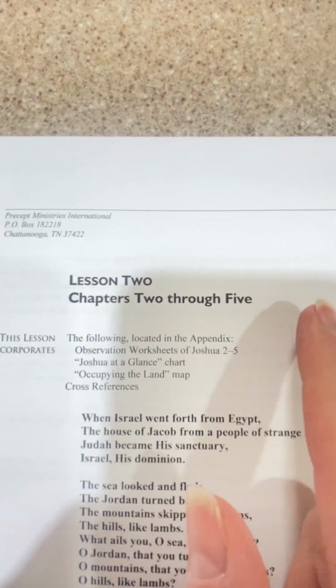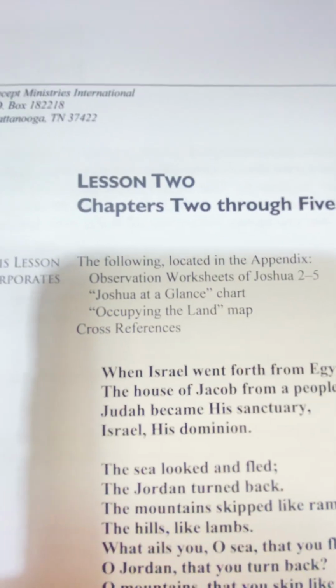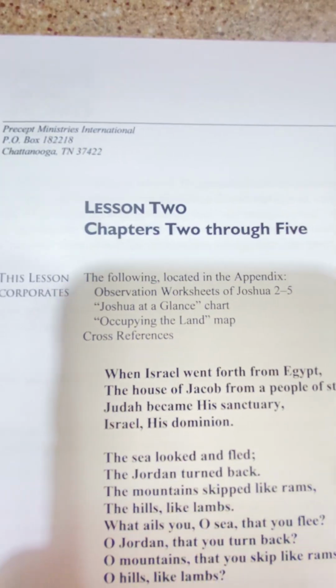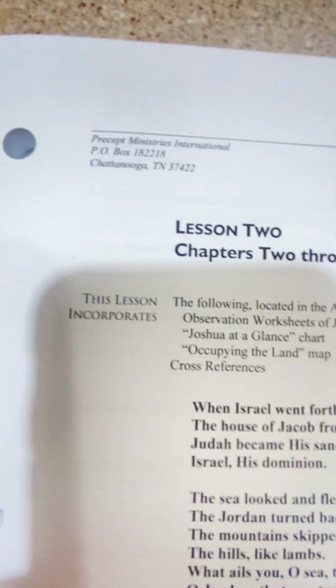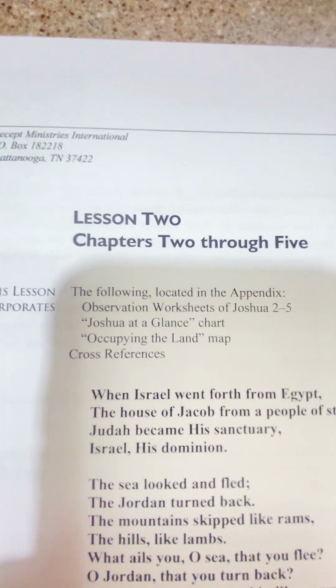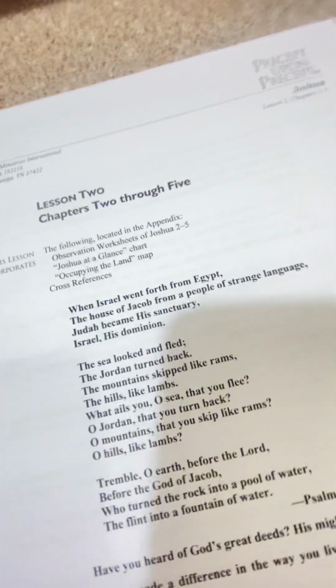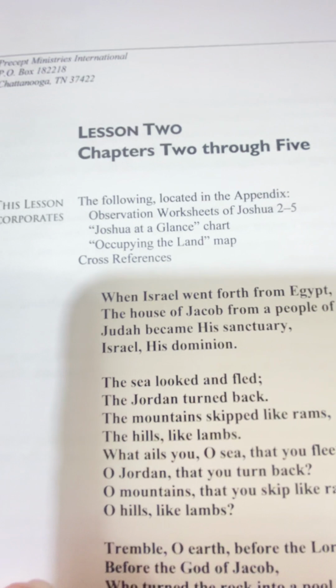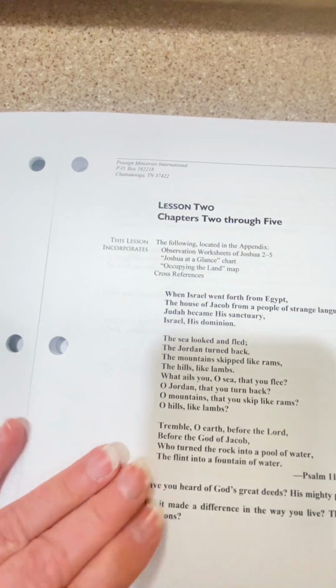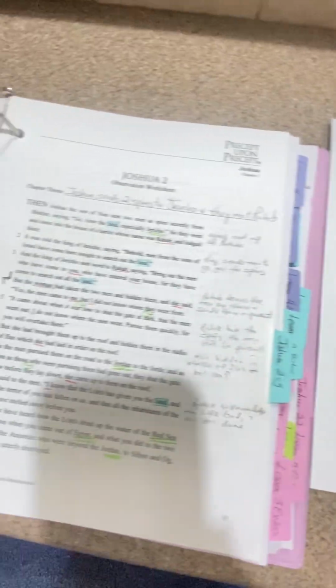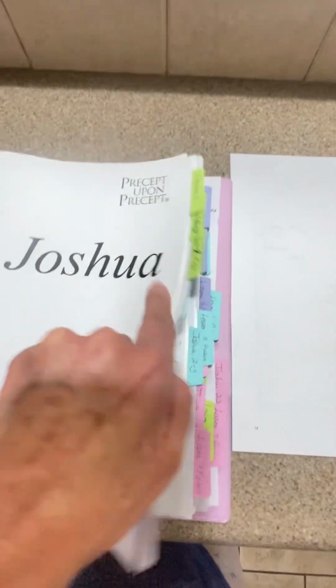It'll also tell you what you need. You're going to need, located in the appendix, which is the worksheets, Joshua chapters 2 and 5, your Joshua at a glance, the occupying the land map, and your cross-references again, which is a stack of cross-references that I have typed for you. And so that's how you're going to set up your binder.